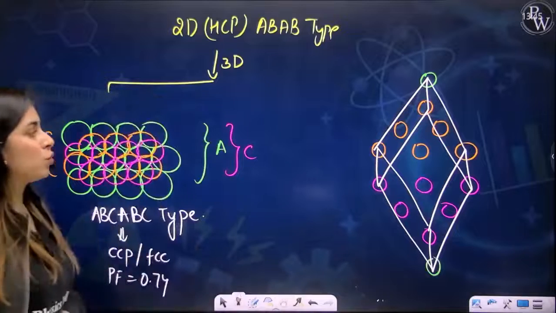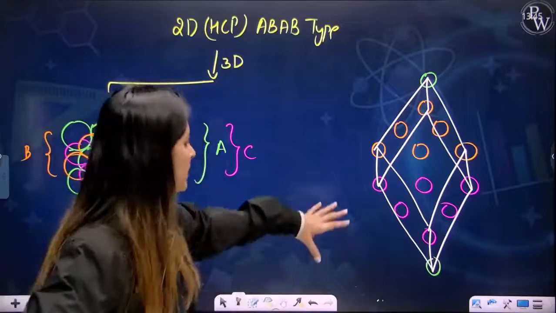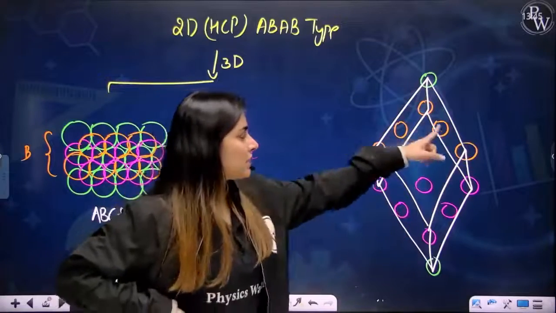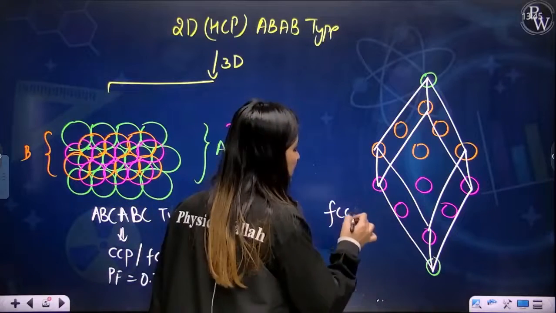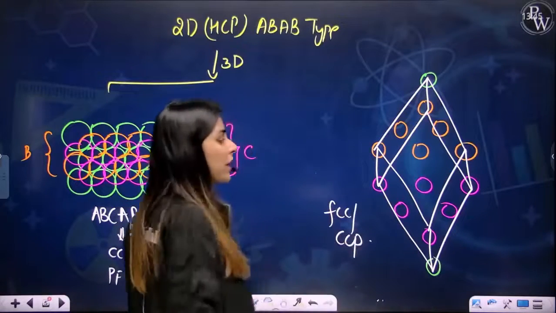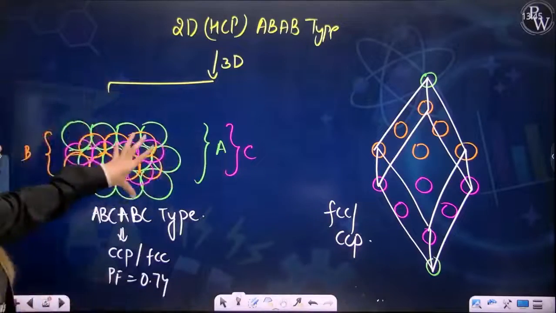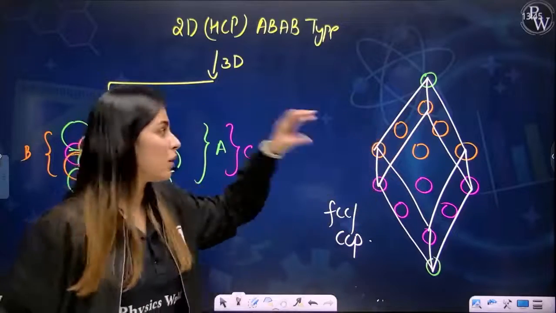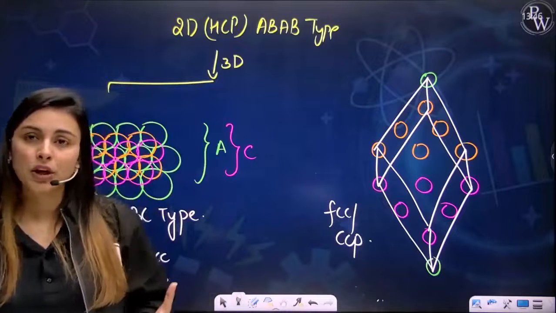I hope you can see how a face-centered cubic unit cell comes out to be. There are atoms on the corners and there is one atom on each face center. This gives you your FCC/CCP lattice. You need not imagine how it came out to be, but when you rearrange these atoms, you get an FCC lattice like this. Okay, this is out of your syllabus. This was only for your imagination. I hope you're clear with this.